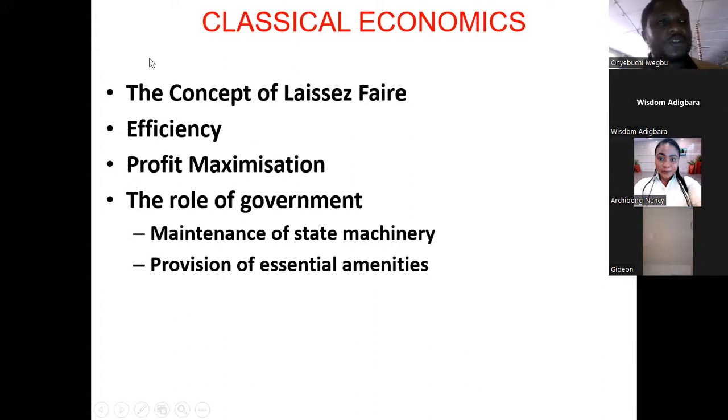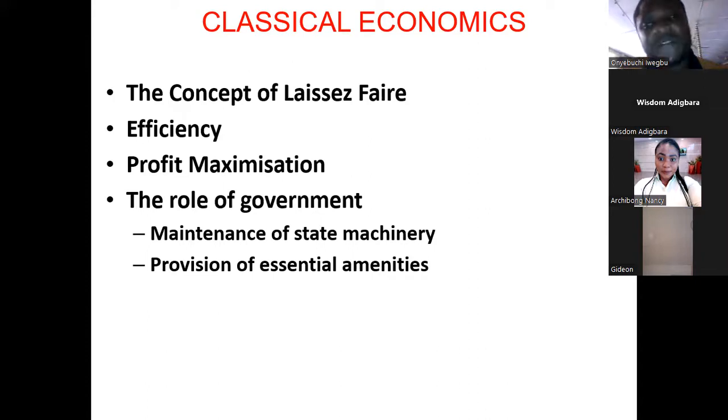It simply says allow the people to decide who produces what, how the goods are to be produced, and when they are to be produced. An example of that free market economy is the role of the private sector.